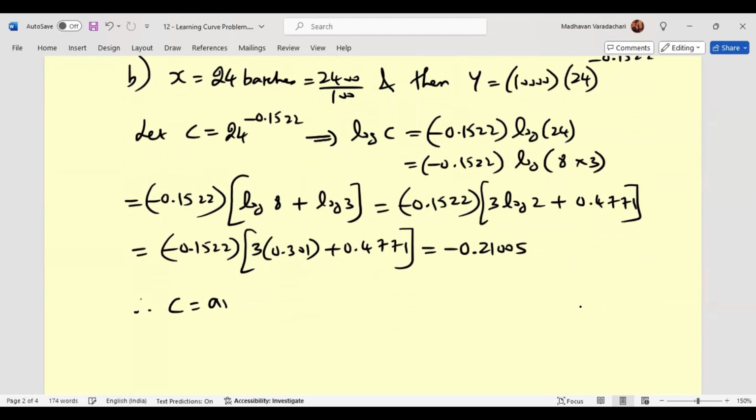So therefore, C will be antilog of negative 0.21005.